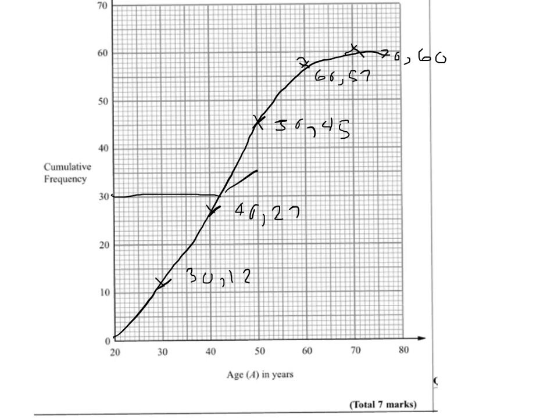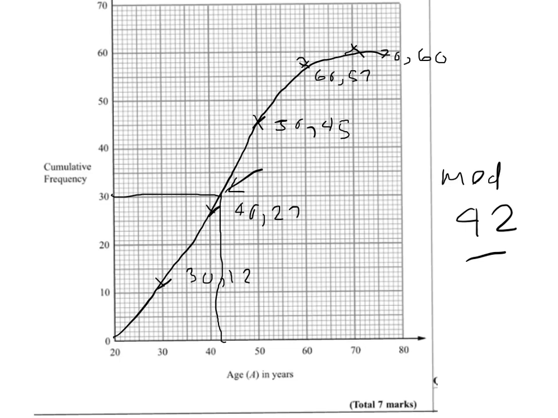We can see that it's on the second square in from 40, so that lines up with 42. And we can bring the line down. So the median is 42. They may allow a slight variation on that. If your line is slightly different from mine, they might allow between, say, 41 and 44. There's usually a bit of leeway there, but you can see on my graph I've got a median of 42.